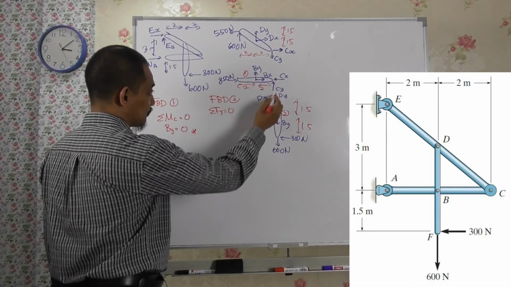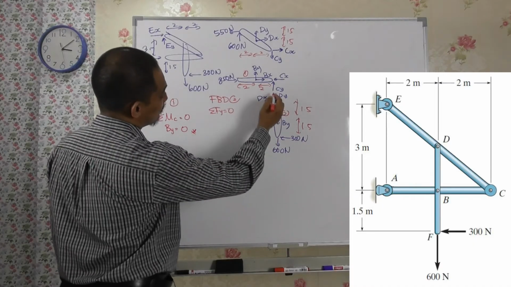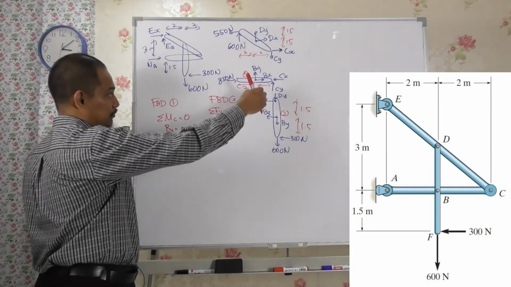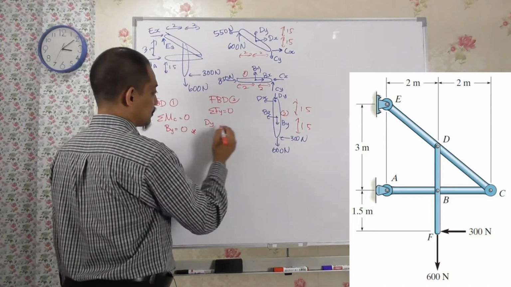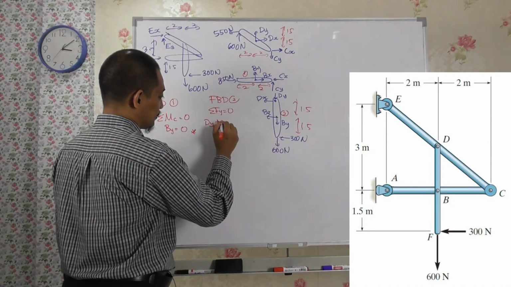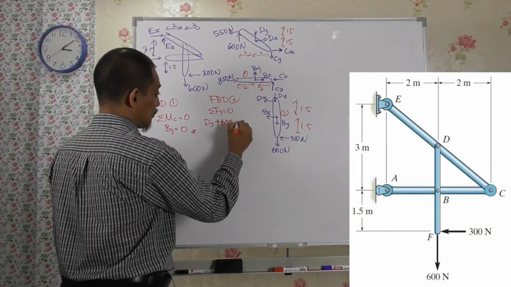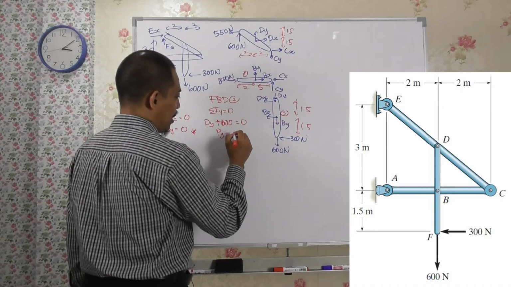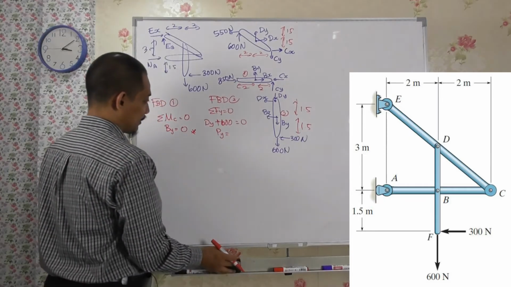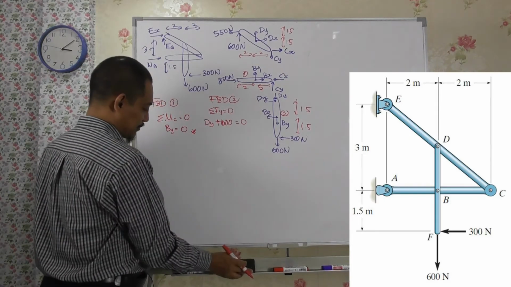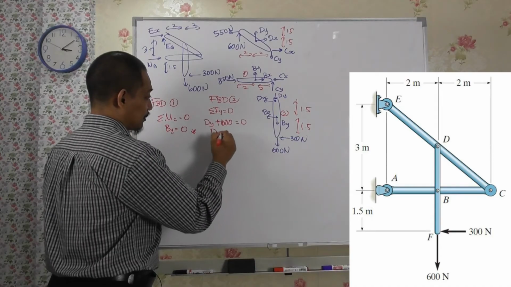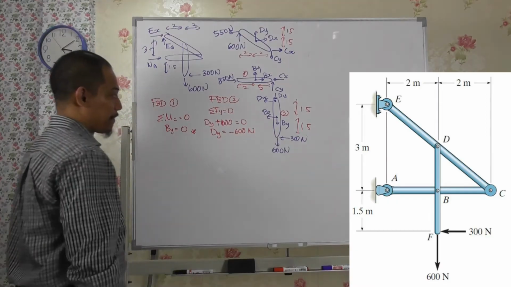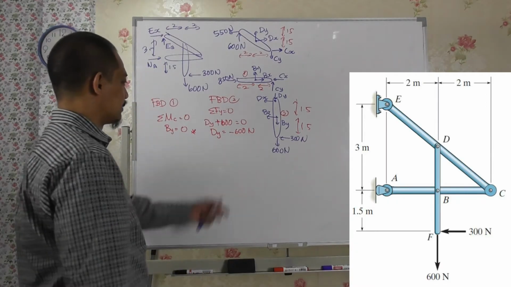Everything downward: this is Dy going down, plus By, which is 0, plus 600 equal to 0. So Dy, I'm so sleepy already, so I cannot think straight, equal to minus 600 Newton. This just means the opposite direction.